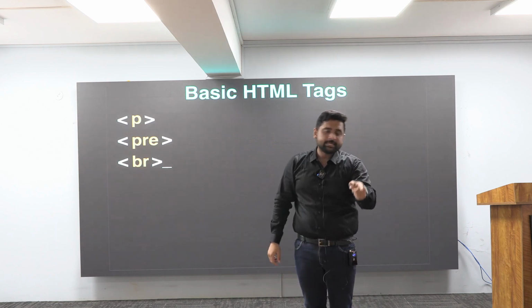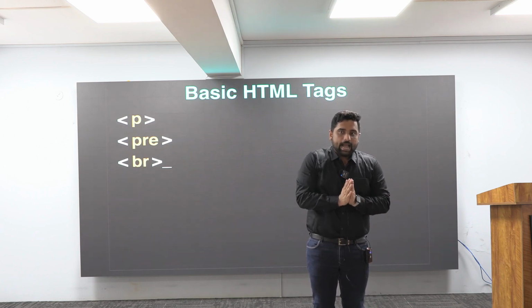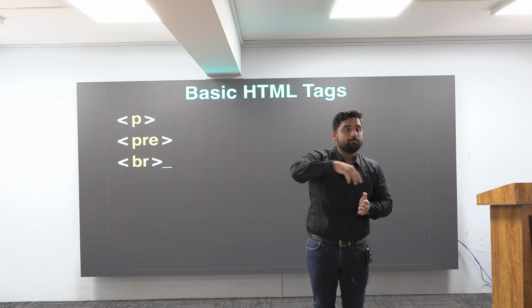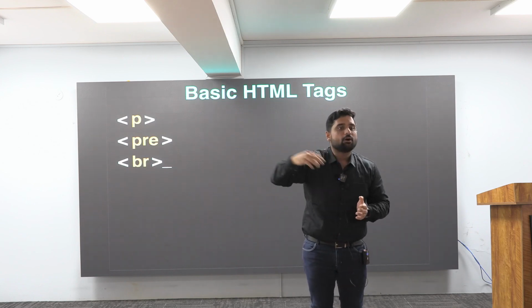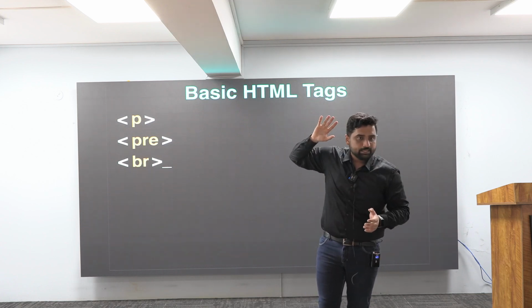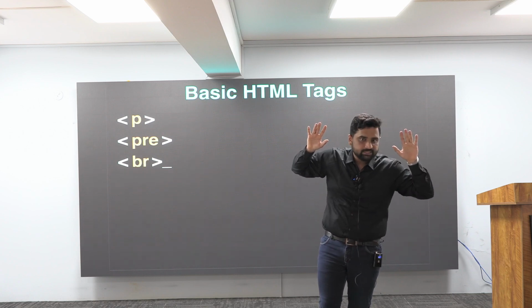But if they say there is one sentence that you have to put in Wikipedia and that should come in paragraph format, that time you have to use P tag. But if the scenario comes to break a few of the lines, that time you can use BR tag. Am I clear? So it depends on scenario to scenario. Am I clear, my friends?